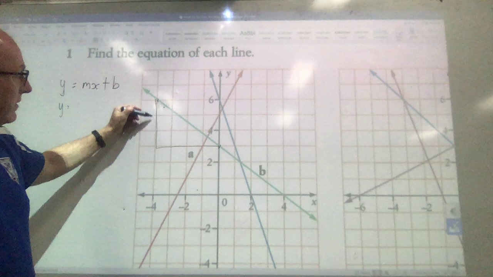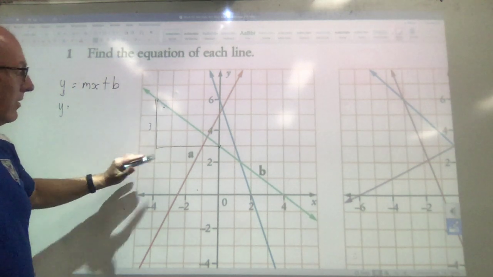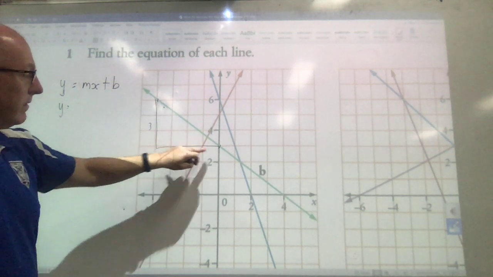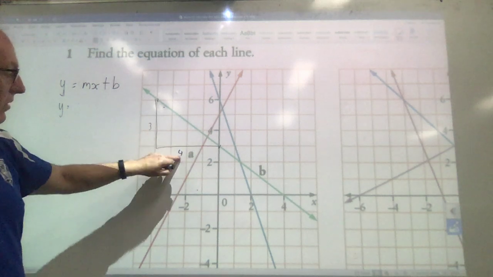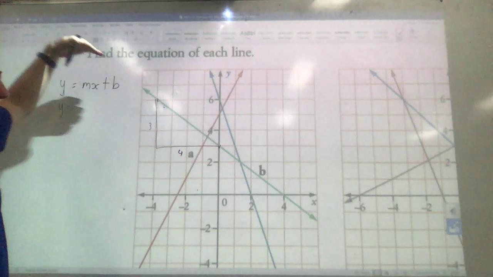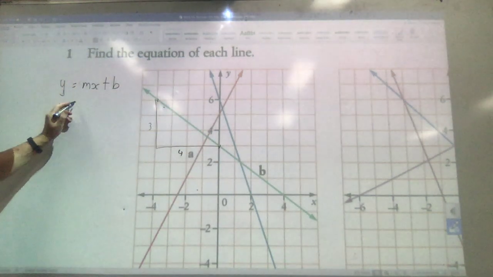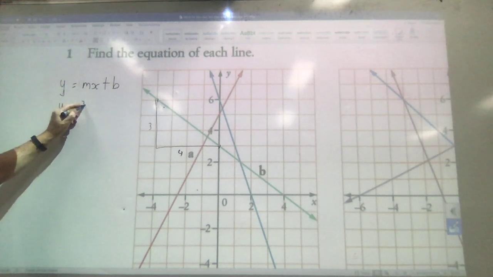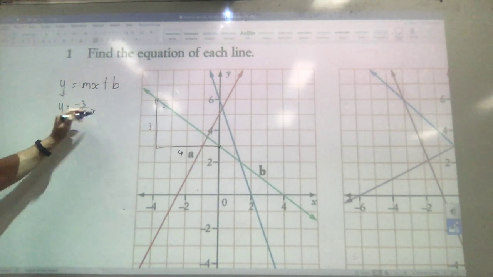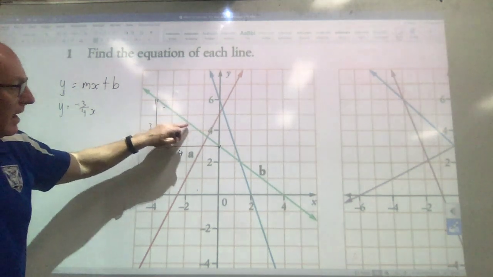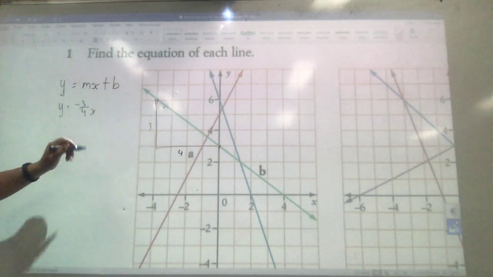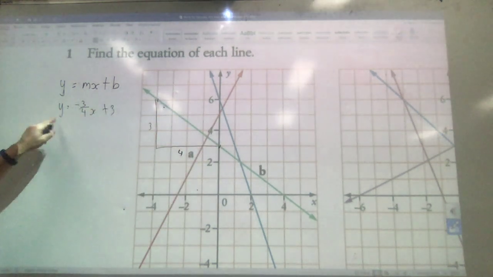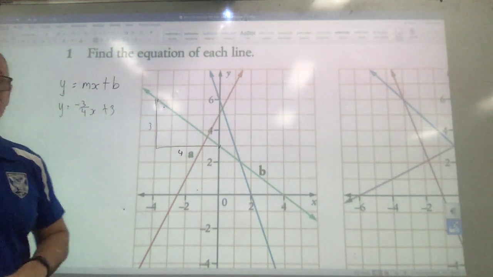It's got a rise of 3 and a run of 1, 2, 3, 4. So the gradient is 3/4. Remember, the line is going down. So it has a gradient of negative 3/4 x, and the y-intercept is at 3, plus 3. There's the equation of this green line.